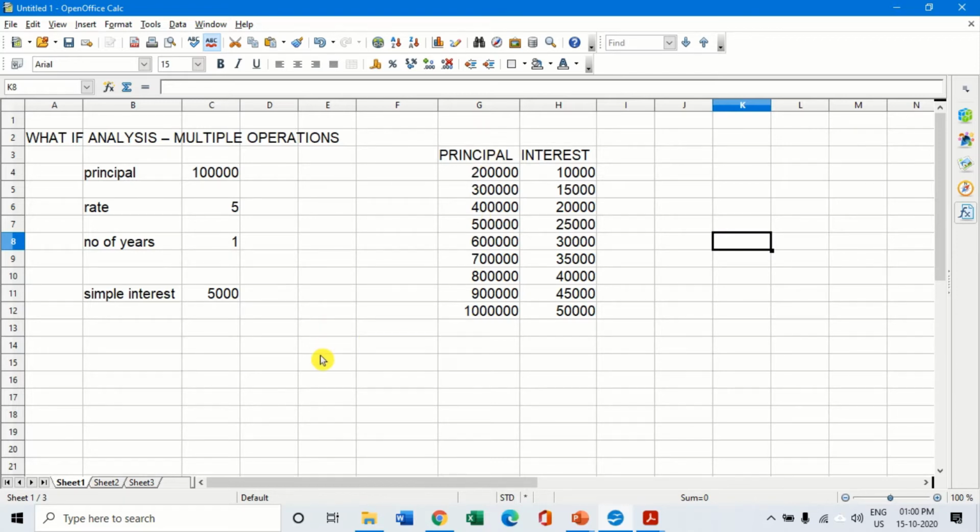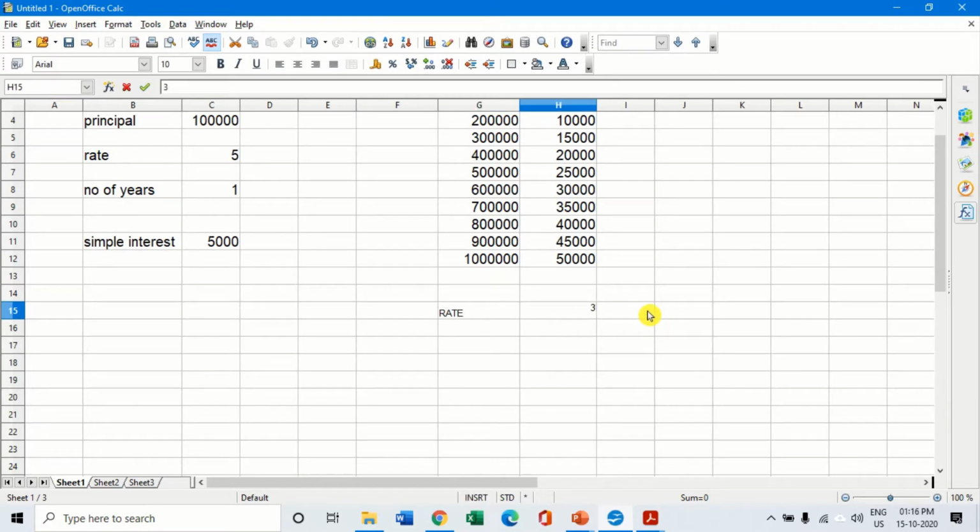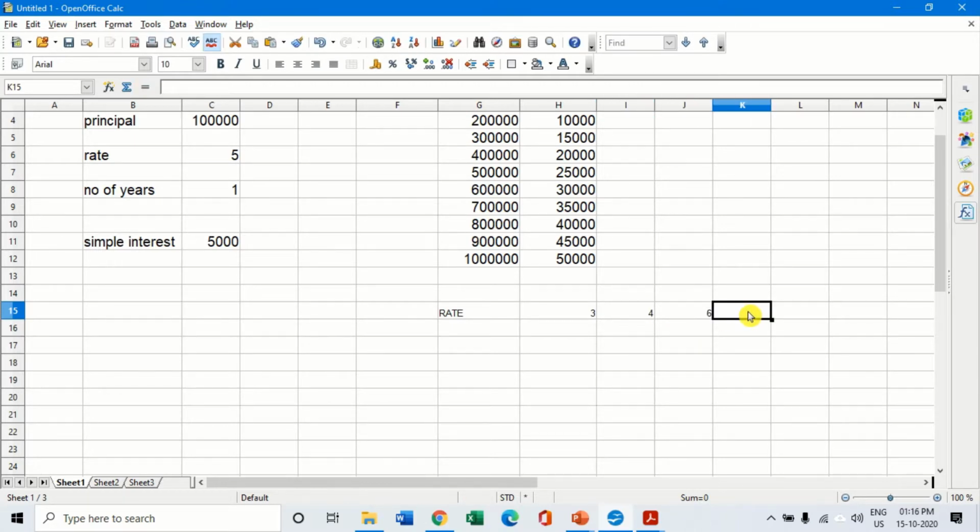Now let us understand how we can have the row input, that is, multiple operations using two. So now I want to use the column input as well as the row input for the next example. So first here I want the different rates. So the rate is going to be, let's take varying rates, 3%, 4%. We have already calculated for 5%, so I am avoiding that, 6% and 7%.